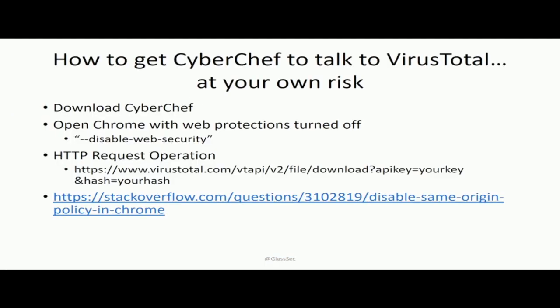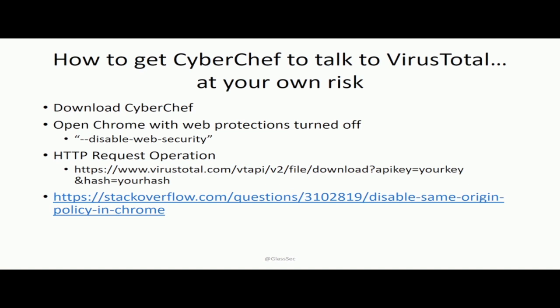All right. So I also did some things with CyberChef. If you open up Chrome and you disable your web security, you can do fun stuff like integrate CyberChef with VirusTotal. But I'm not recommending this, but it can be done.